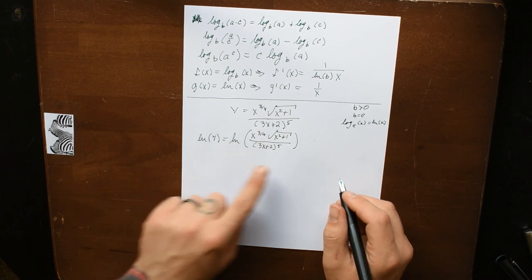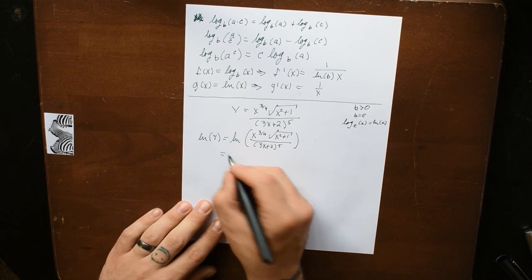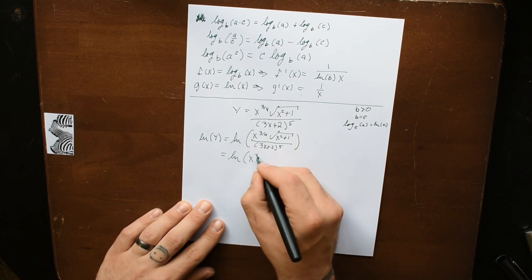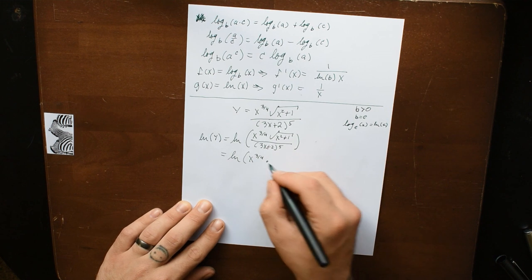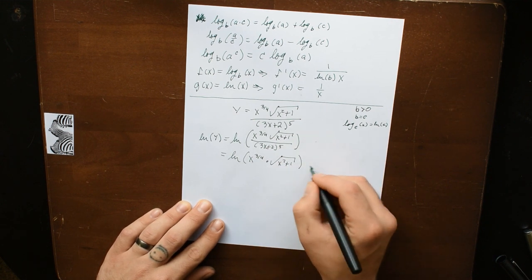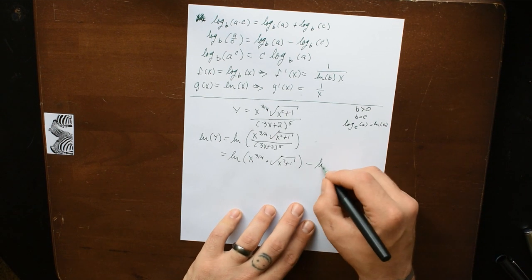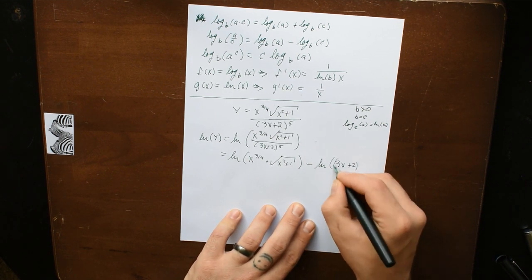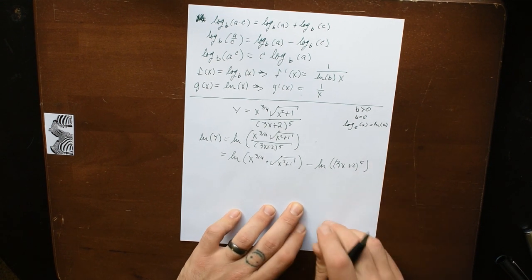And now, by our log rules, this is equal to the natural log of x to the 3/4 times the square root of x squared plus 1, minus our denominator, the natural log of 3x plus 2 all to the 5th.